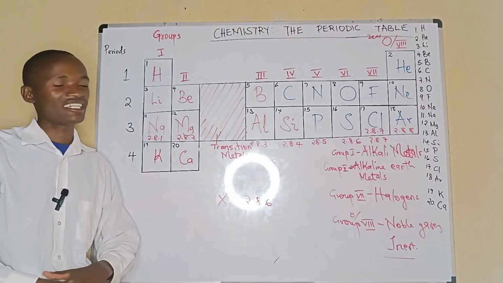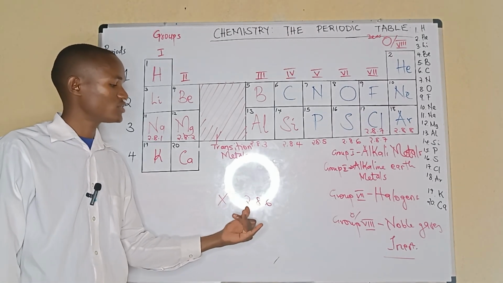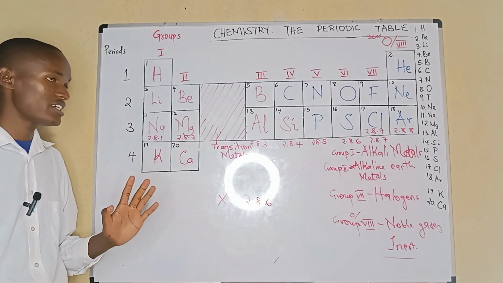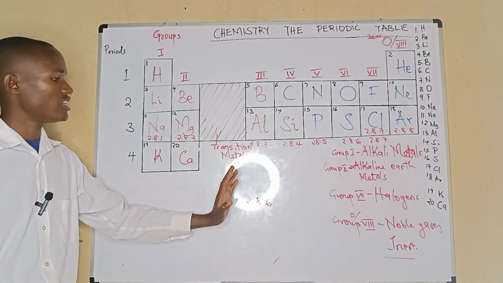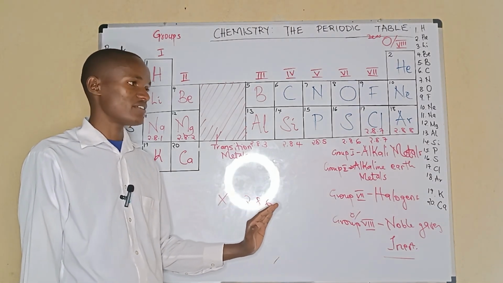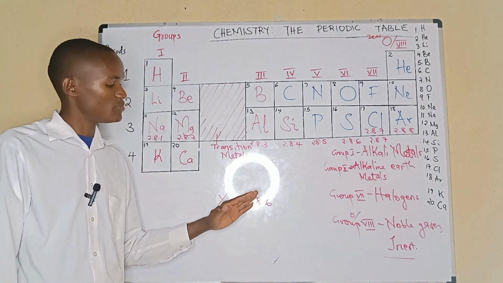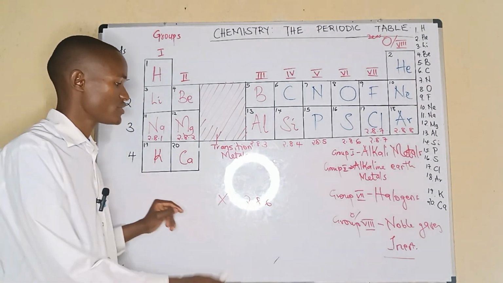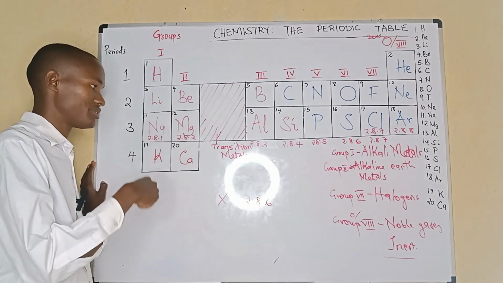You don't have to know what X is. It becomes automatic because the number of energy levels is the same as the period in which that element belongs. Since it has three energy levels, it belongs to the third period.